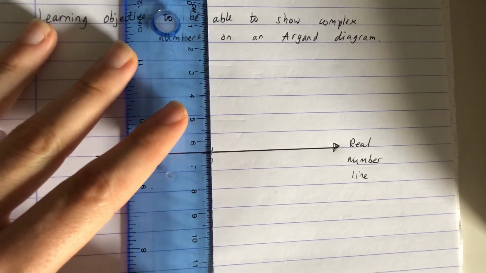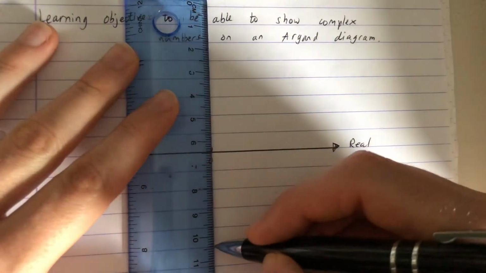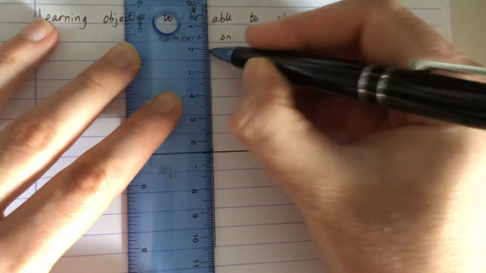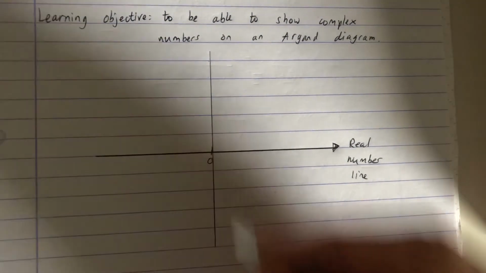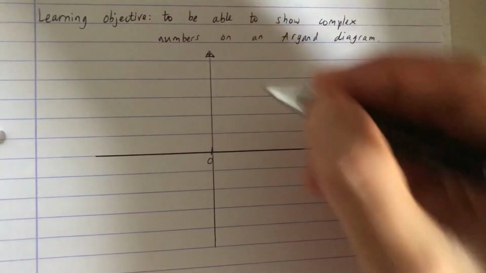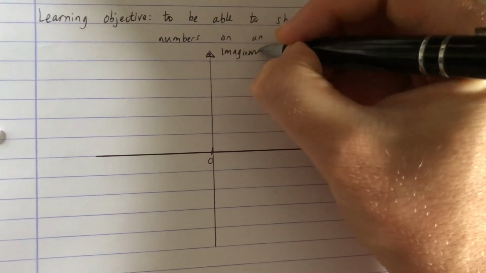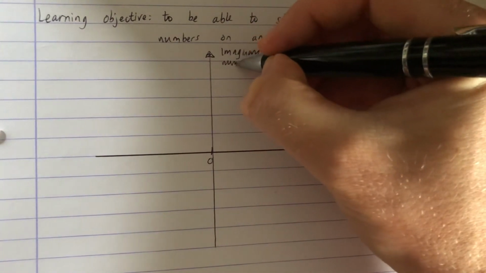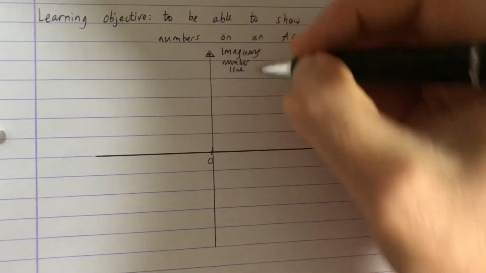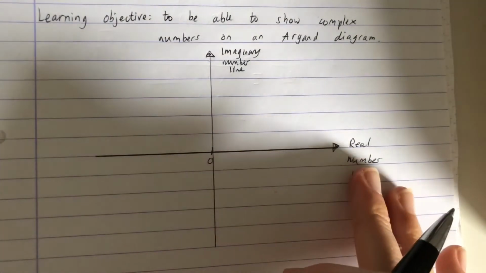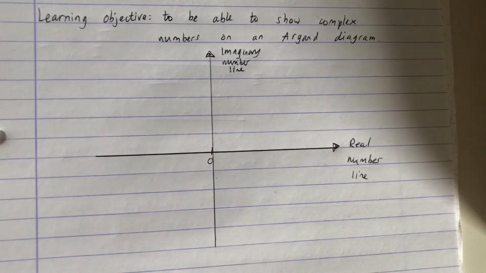Very similar to a coordinate grid. In fact, pretty much exactly the same as a coordinate grid. And the y-axis, if you like, is the imaginary number line. We just abbreviate this to the real axis and this to the imaginary axis.